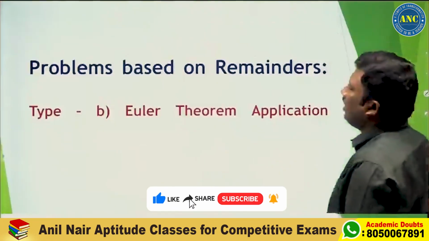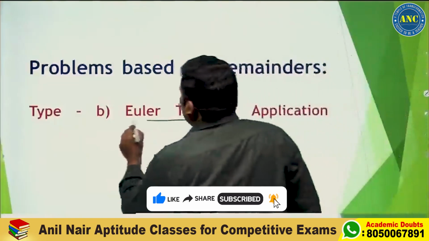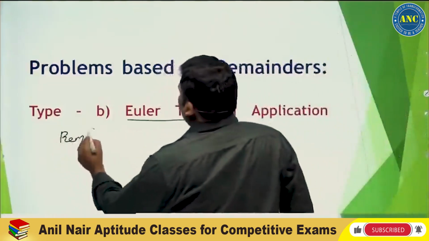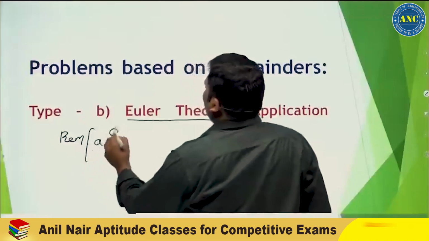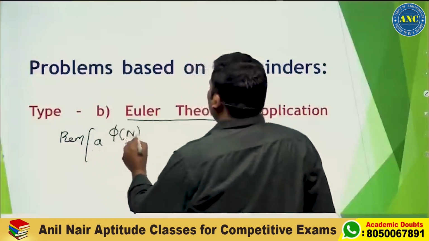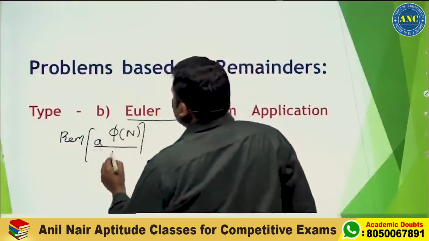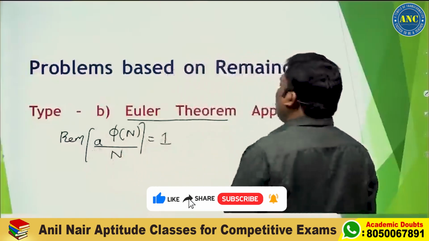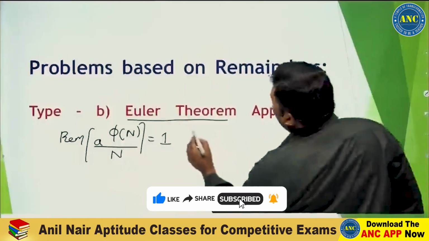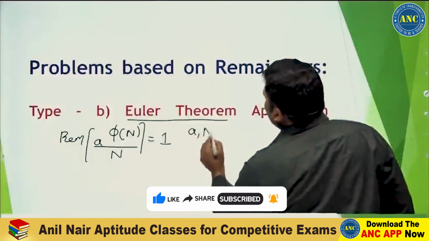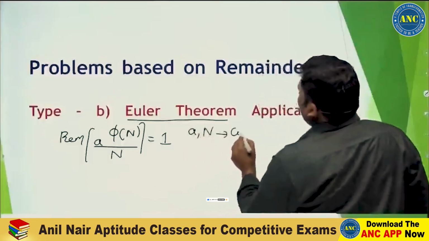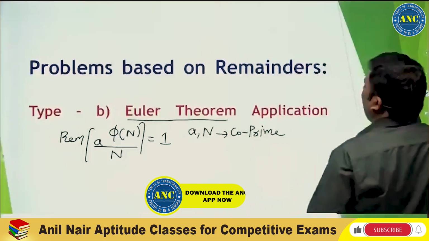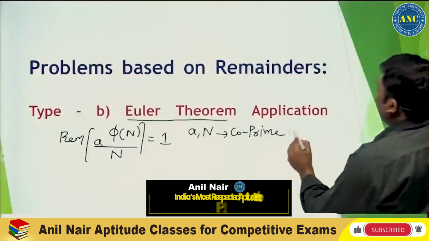Now see here. What is Euler's theorem? Euler's theorem states that a power phi of n, which in the Higher Algebra textbook by Hall and Knight is called the quotient of n, a power phi of n divided by n, will directly give you 1 when a and n are co-prime to each other.